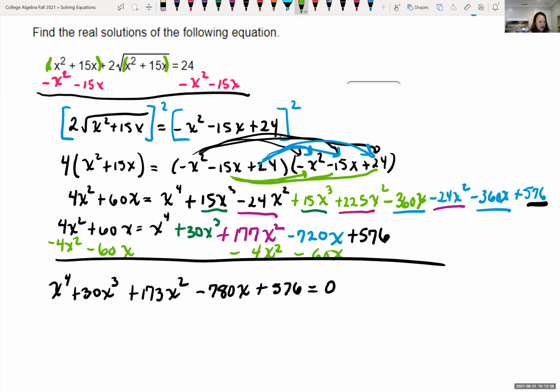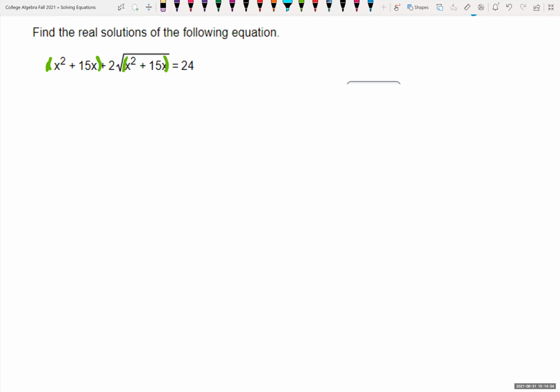And so let me erase what I've already done so that we can go through and get that started. So our goal actually is to get this in the form of a quadratic. And again, what's underneath the radical is the same thing that's out front, that x squared plus 15x. We want to choose u to be this piece right here.